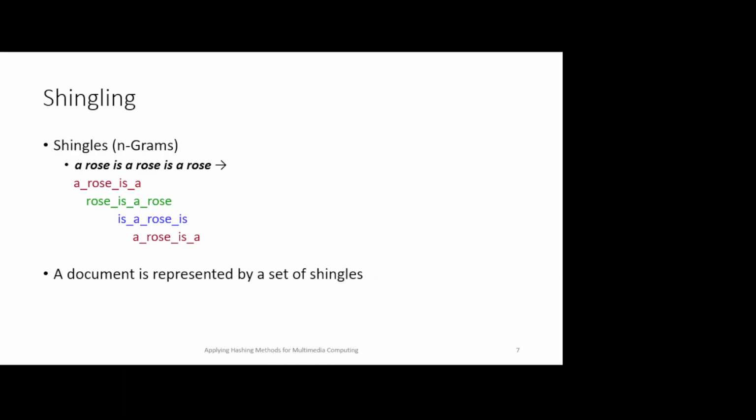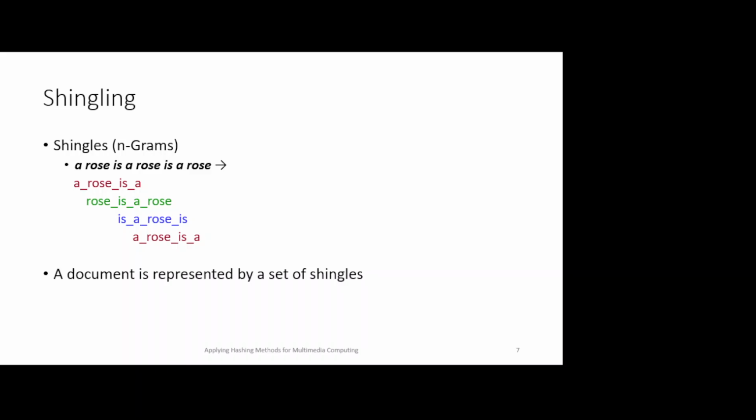So the next shingle is rose is a rose. Each time we just extract four words in a window. Then we continue: next is is a rose is, and then a rose is a.